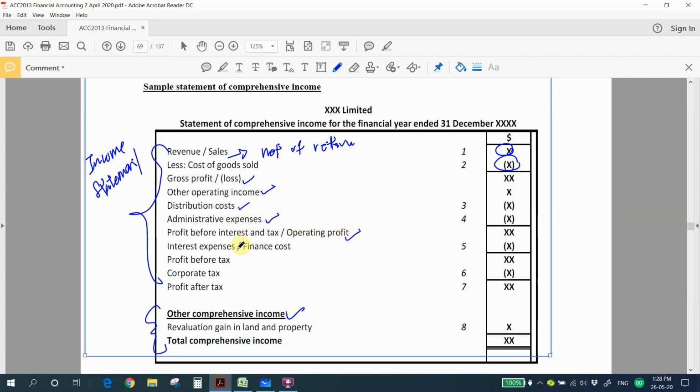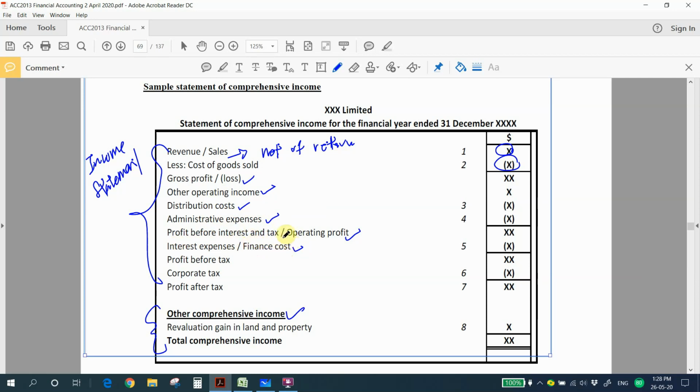Next, number 5, we have to minus the interest expenses and finance costs. Unlike the income statement for a sole proprietor or partnership, where normally we include the interest expenses as one of the expenses, now we have to calculate it separately. So what do these interest expenses or finance costs include?